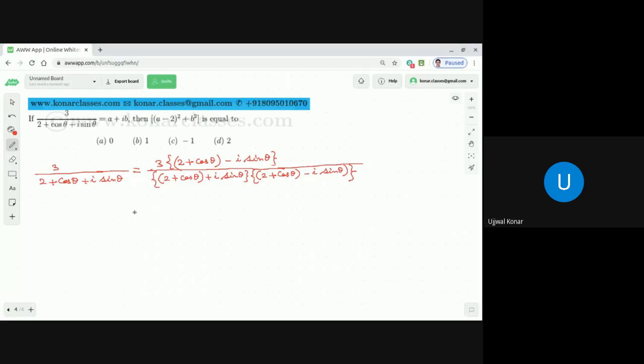Correct, dear students? Then we write as it is in the numerator what is there, just in a plus ib form, and in the denominator we are going to get 2 plus cos theta whole square plus sine square theta. Correct or not?